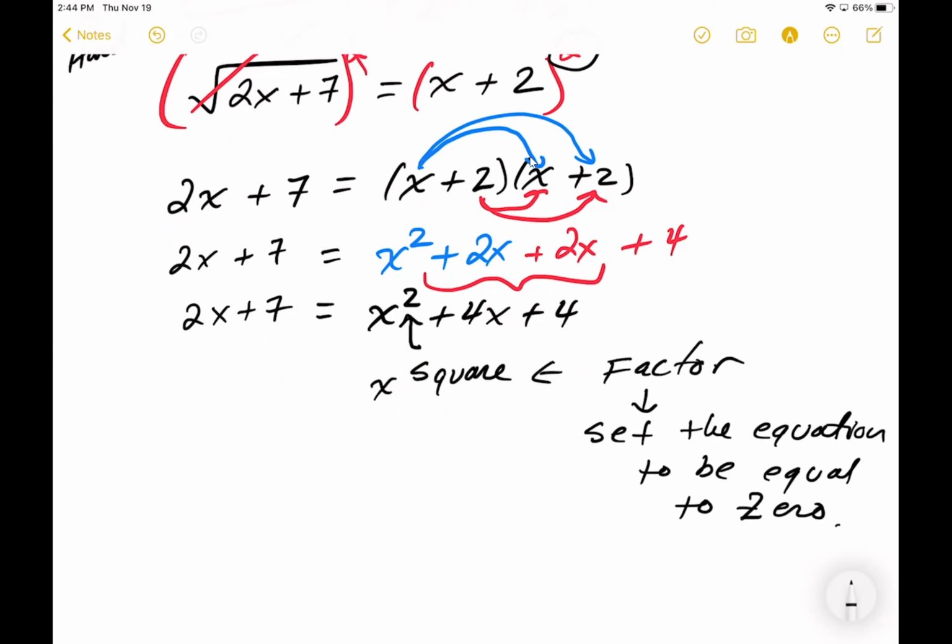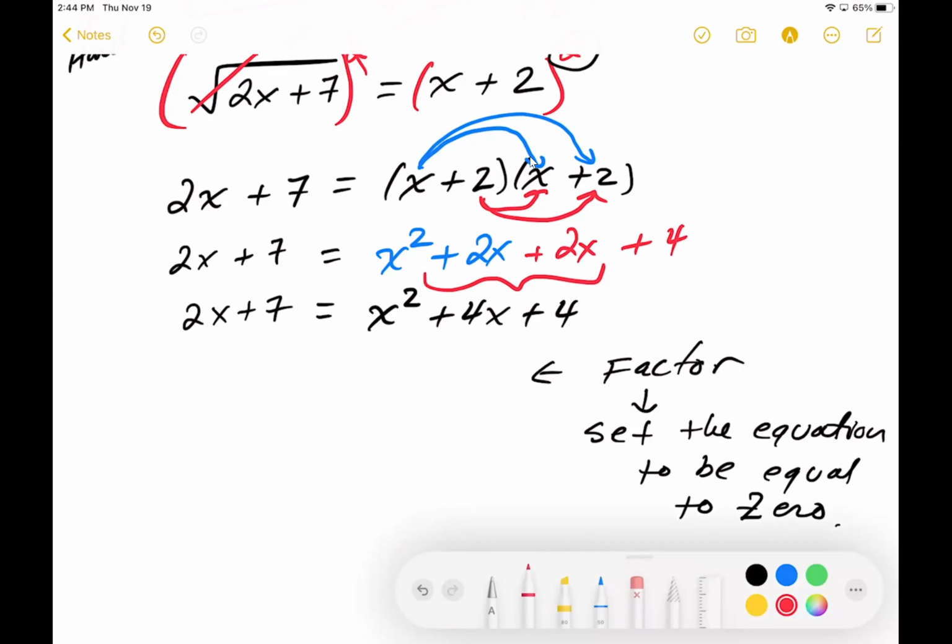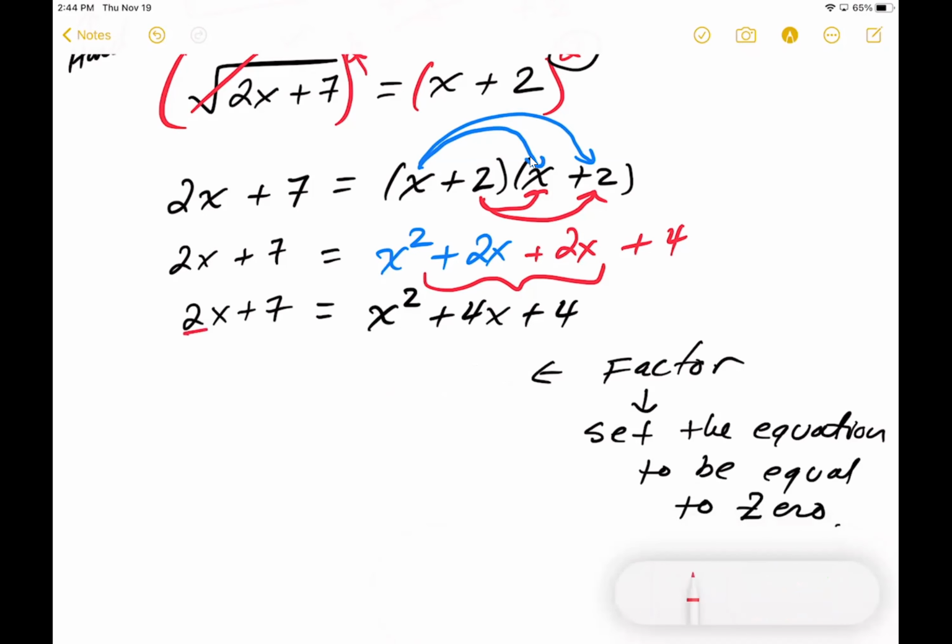So how do I set the equation equal to 0? As I mentioned to you, move this item over. Do you agree that in order for me to move it over, I need to subtract the 2x? Because 2x minus 2x, they disappear. And I need to put the x in terms of the like term.